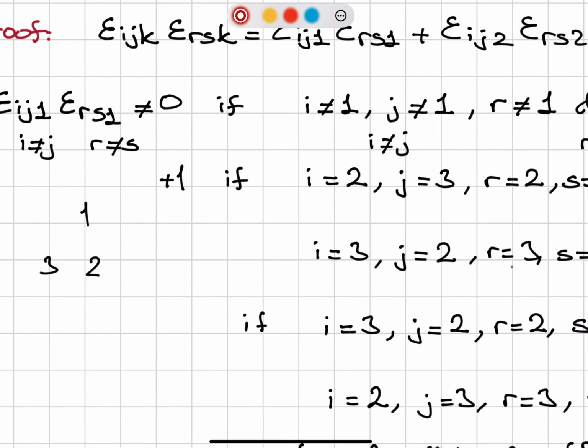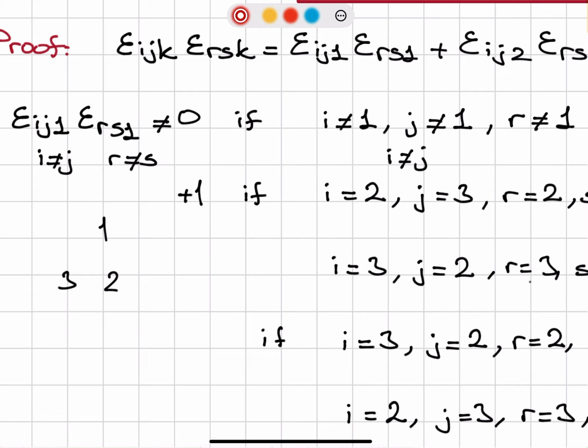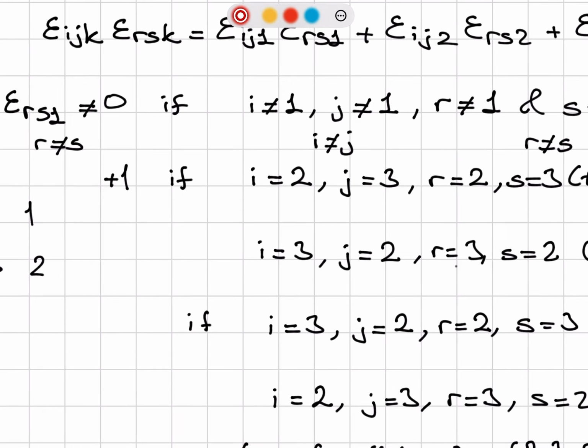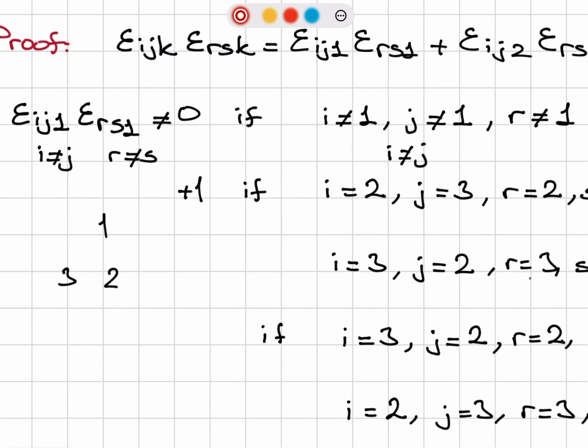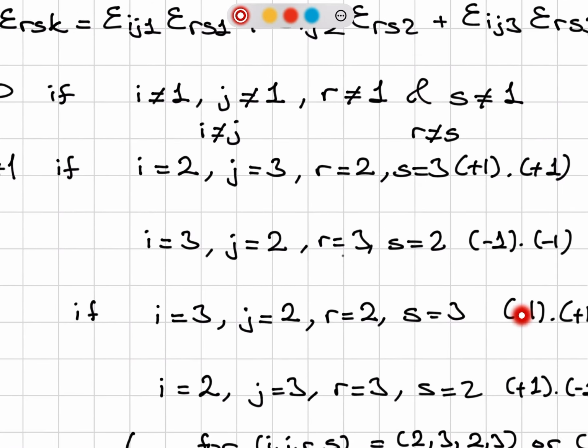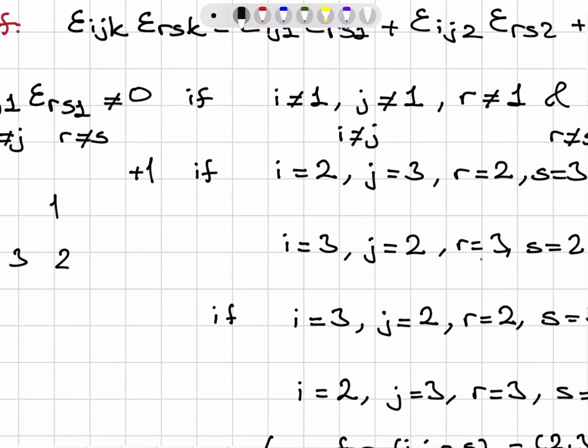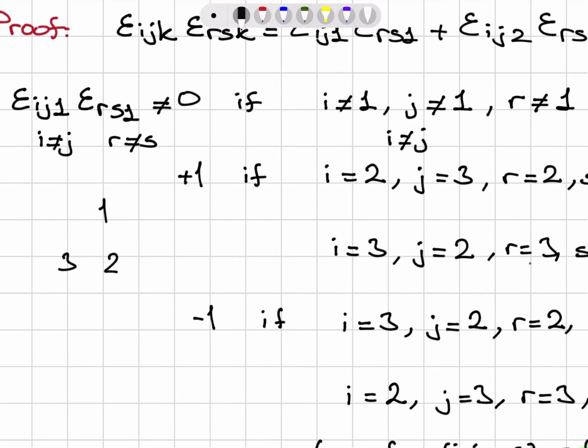And if i is equal to 3, j is equal to 2, then I have 3, 2, 1. And if r is equal to 2 and s is equal to 3, then it is 2, 3, 1. So this is minus 1 times plus 1. It will give me a minus 1. If i is equal to 2, j is equal to 3, 2, 3, 1 gives me a plus 1.